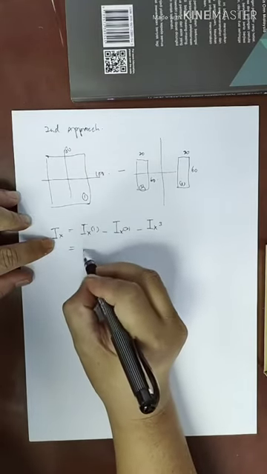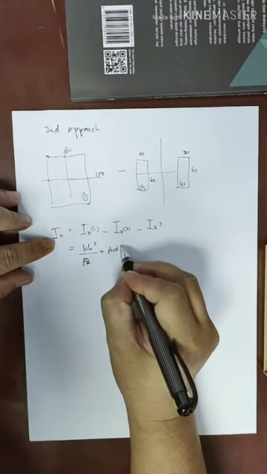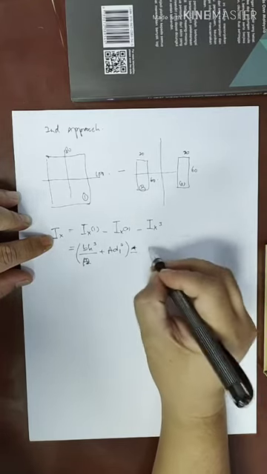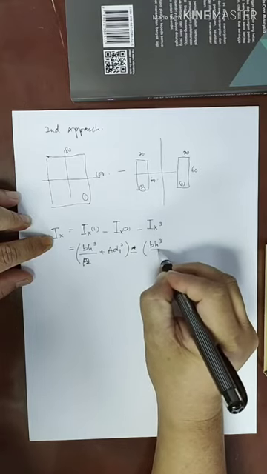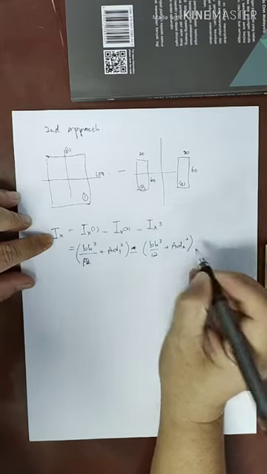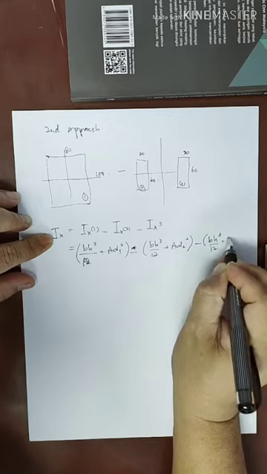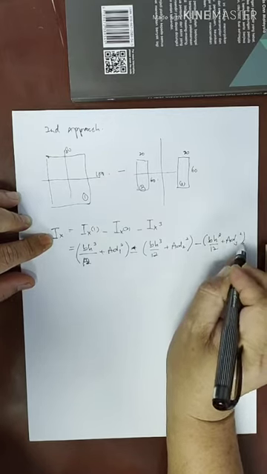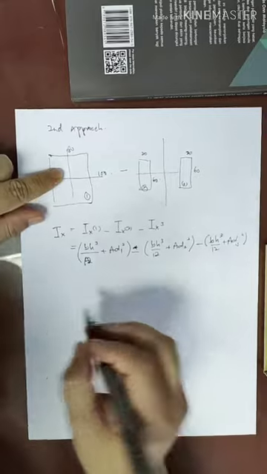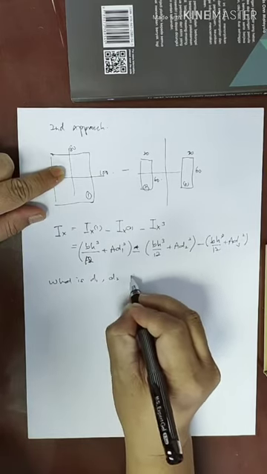Okay, the Ix1 refers to BH cubed divided by 12 plus AD1 squared, minus BH cubed over 12 plus AD2 squared, and then minus BH cubed over 12 plus AD3 squared. Okay, what are D1, D2, D3?